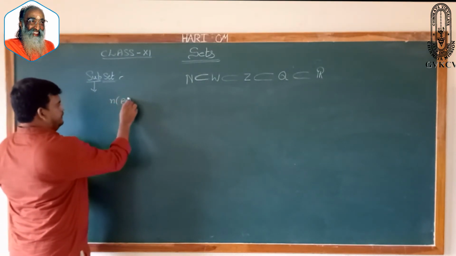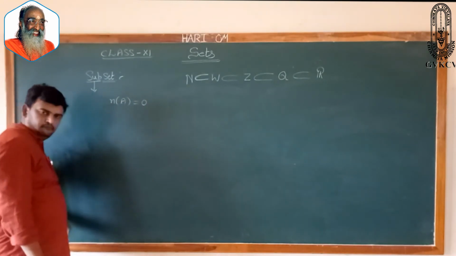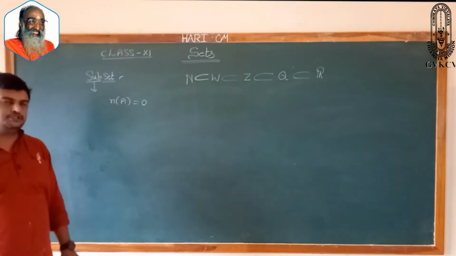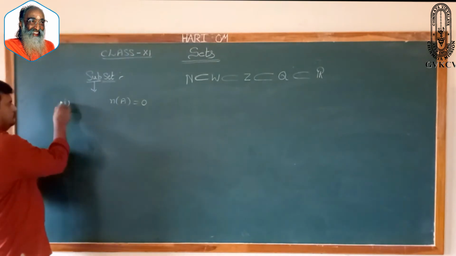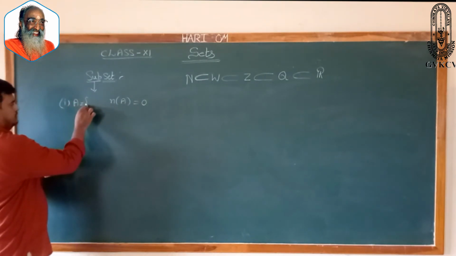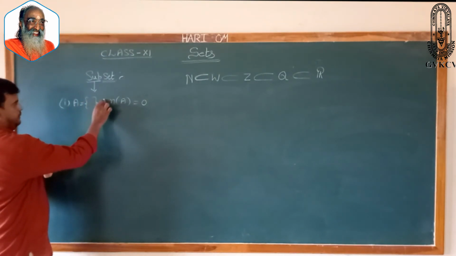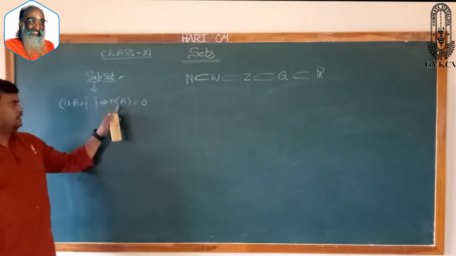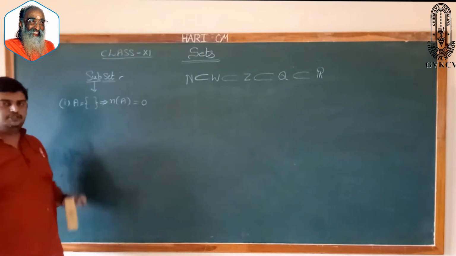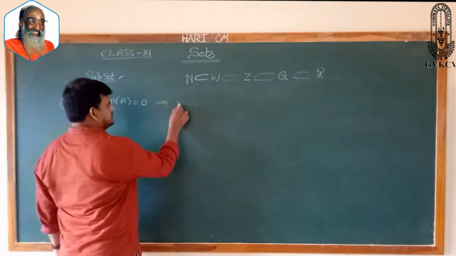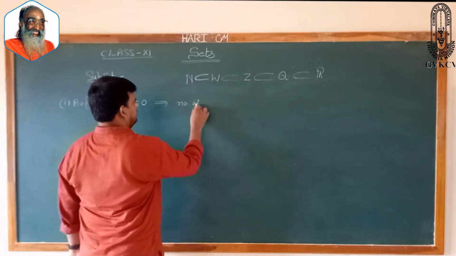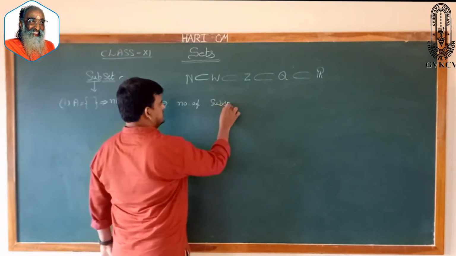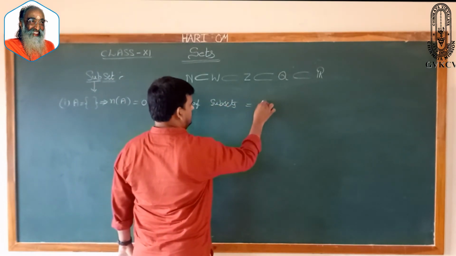Case 1: n of A is equal to 0. If set A is equal to phi, the empty set, the number of elements in A is equal to 0. That implies the number of subsets is equal to 1.